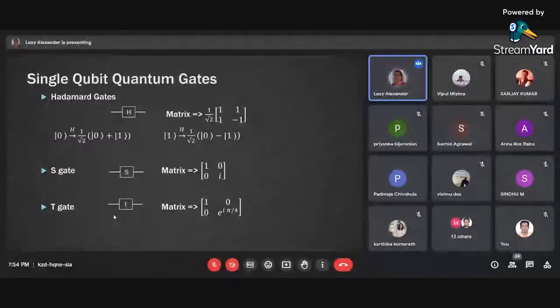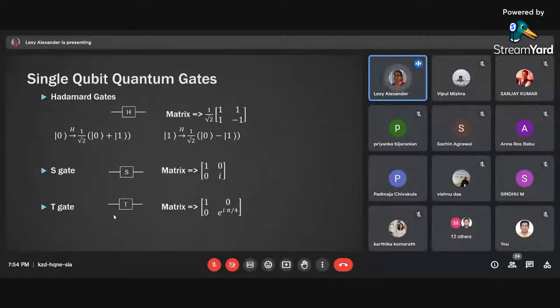If you have the |0> vector, that is the vector 1, 0, and you multiply with this matrix, the result is 1 by square root of 2, |0> plus |1>. And if you take |1>, the corresponding vector is 0, 1. If you apply the Hadamard matrix, you will get the result as 1 by square root of 2, |0> minus |1>.